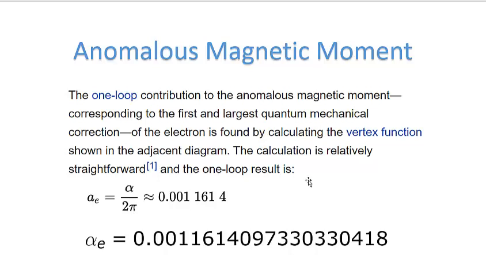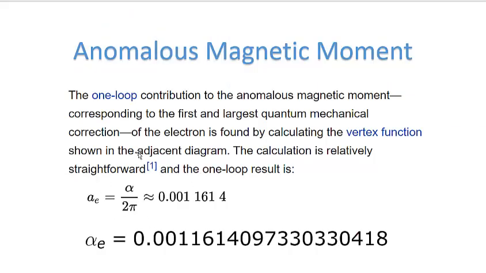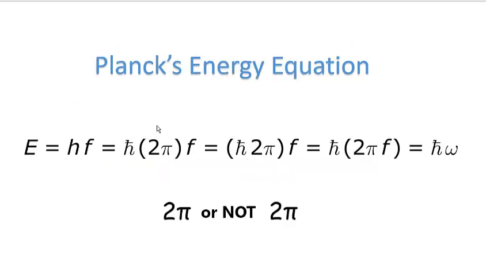So they have their idea of what this is, but I'm not going to make any assumptions about what this is. All I know is that when I am calibrated to Planck's constant, I have to use alpha divided by 2 pi, because the Planck's constant that I'm using already has the 2 pi, and there's only one 2 pi in the system.